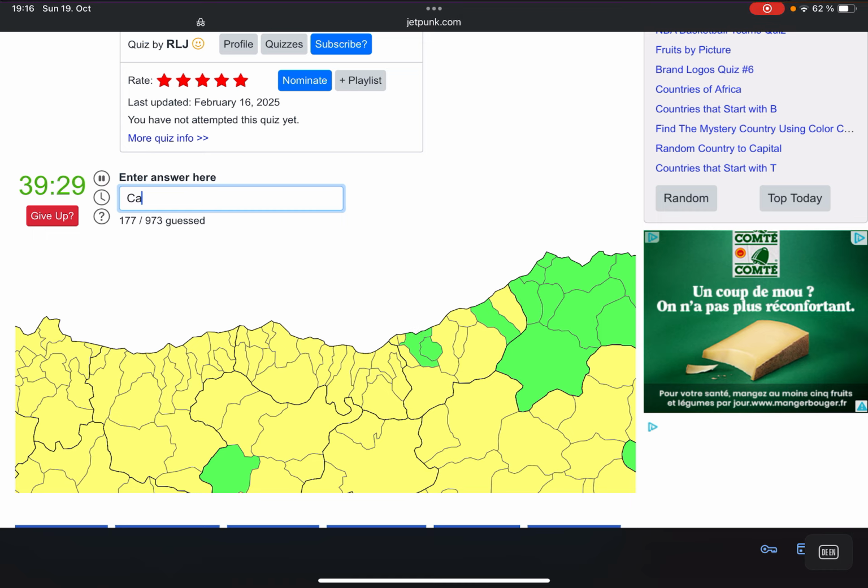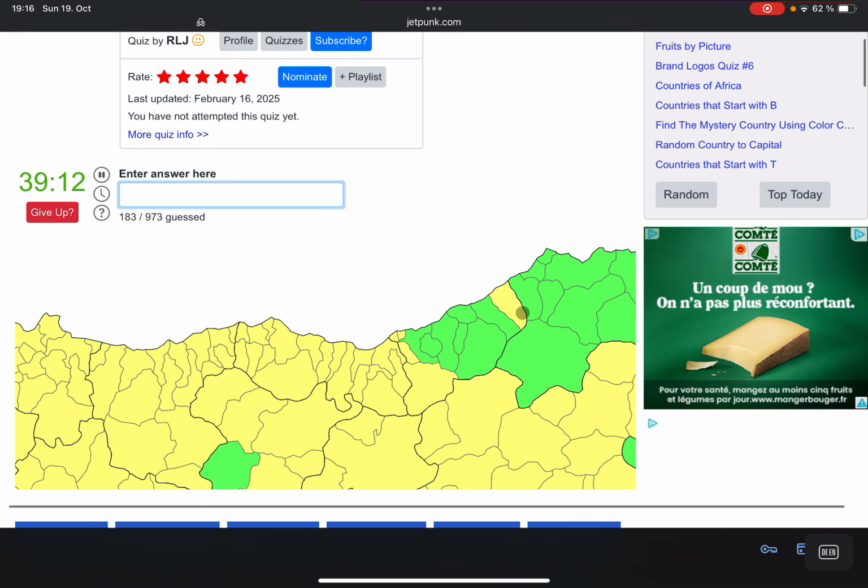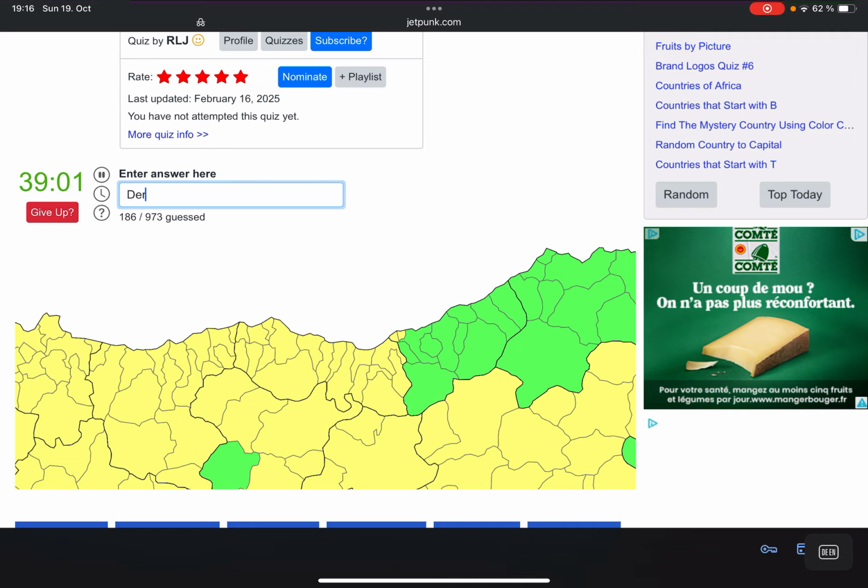Here is Çayeli, Hemşin, Çamlıhemşin, this should be Pazar, meaning market. Here we have Fındıklı, Kalkandere, we have İkizdere, Derepazarı, and İyidere.